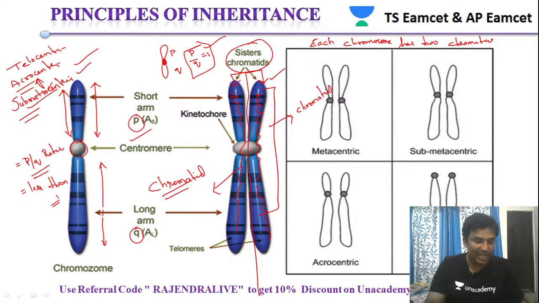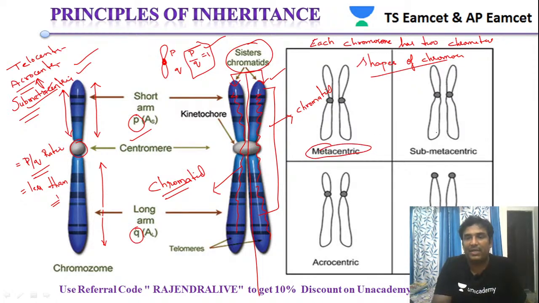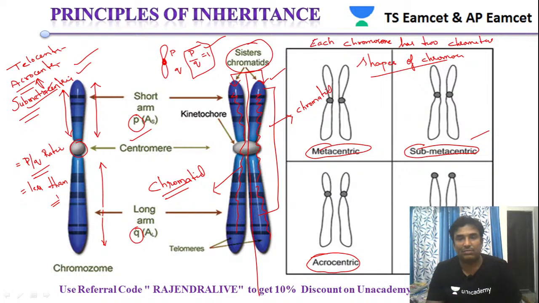Then if you see the different shapes of the chromosome, they are called metacentric, submetacentric, acrocentric, and telocentric.